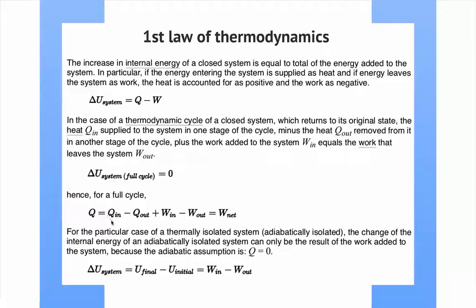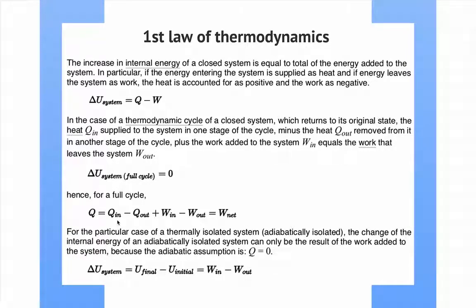Therefore, the heat entering the cycle minus heat leaving the cycle plus work being done on the system, minus the work done by the system should all match. It should cancel out. Okay, Q net equals W net. This equals 0 in a cycle, because you're starting at the same state and ending up at the same state.